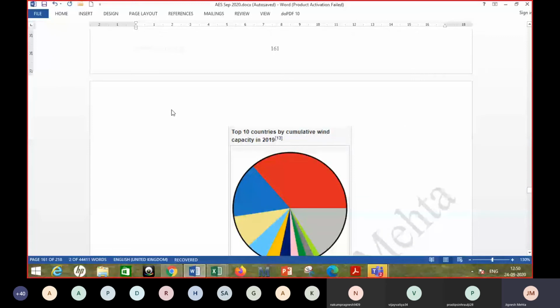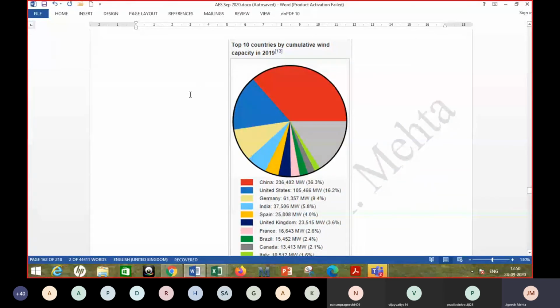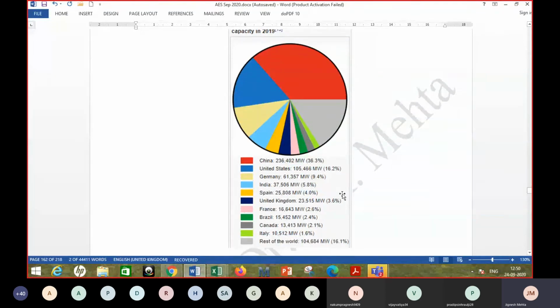That 591 was for 2018. It has increased further in 2019, and China, installation capacity-wise, is number one with 236 gigawatt. It is 236,402 megawatt. So 236 gigawatt is the installed capacity, which is 36.3% of the whole world.